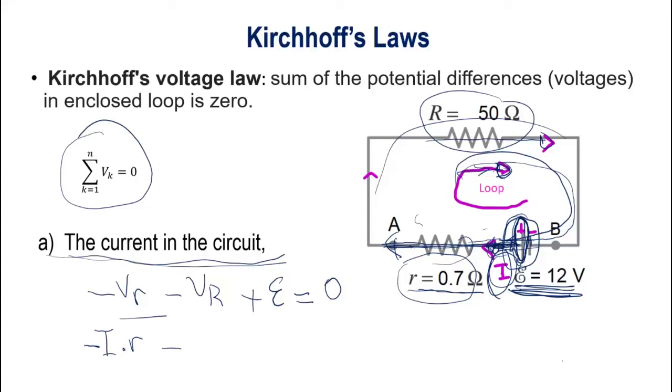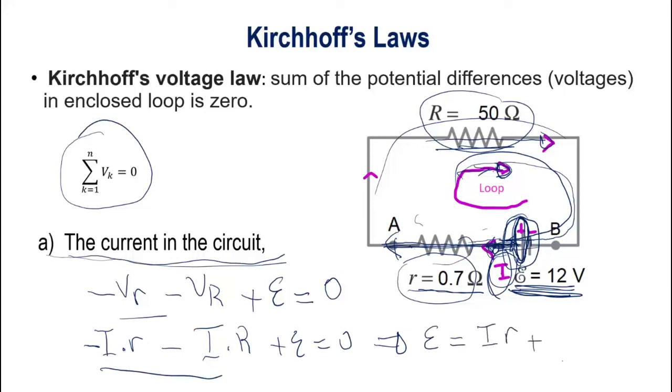Now this gives minus I times R plus E equals 0. If I move this term to the other side, E equals I r plus I R, the internal resistance plus the external resistor.